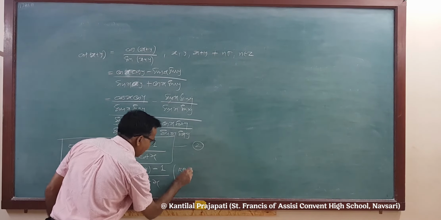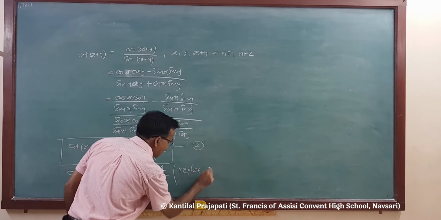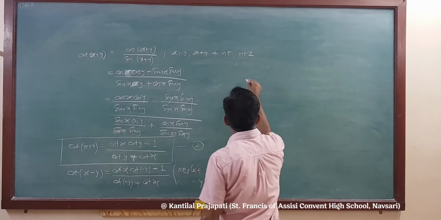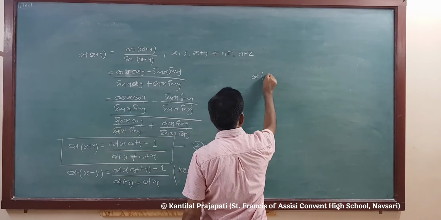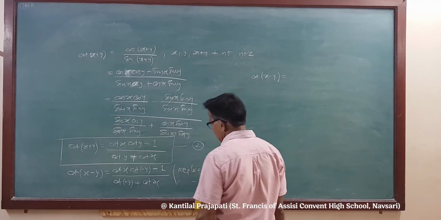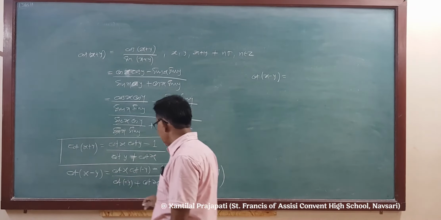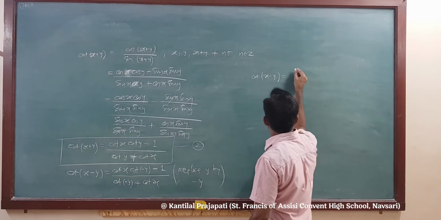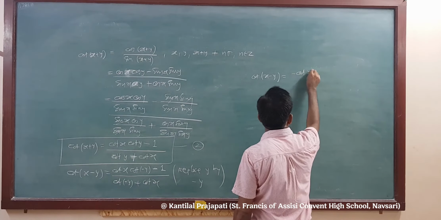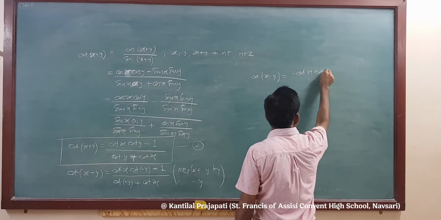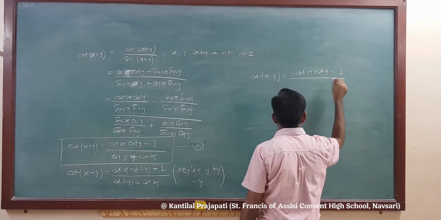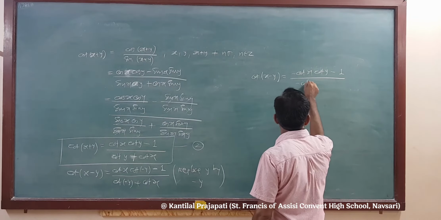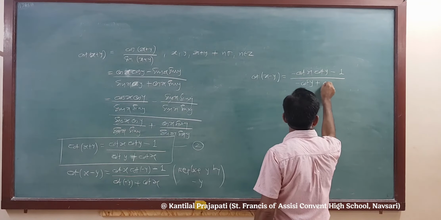Replace y by minus y, and therefore we get cot(x - y). Only sec and cos are even functions, the remaining are odd, and so the minus sign will come out. The cot of minus y will be minus. It will be written as minus cot x into cot y minus 1 upon, here minus cot y, cot of minus y, that is minus cot y, plus cot x.